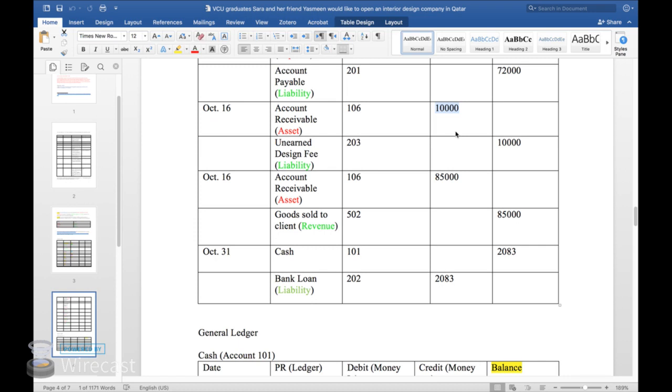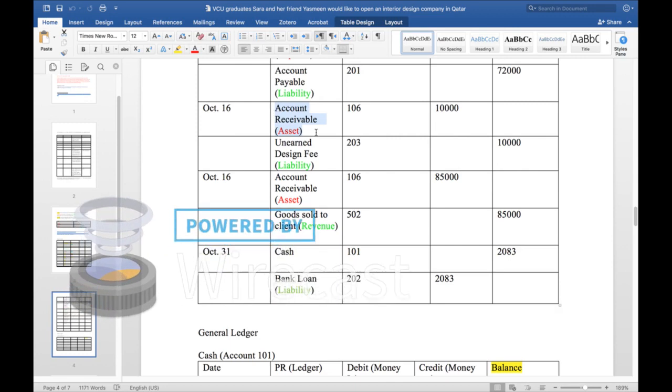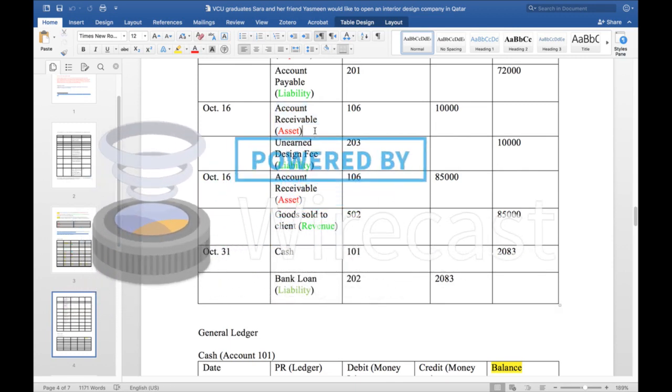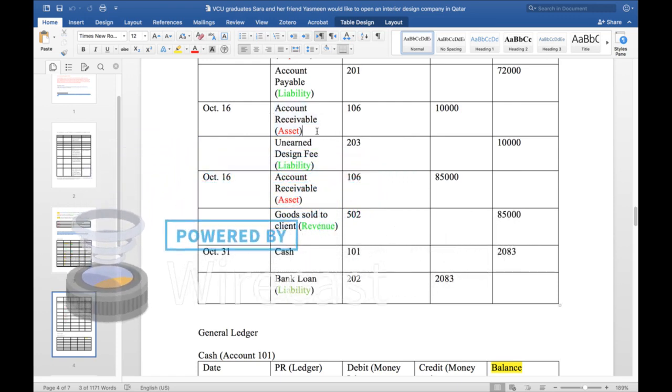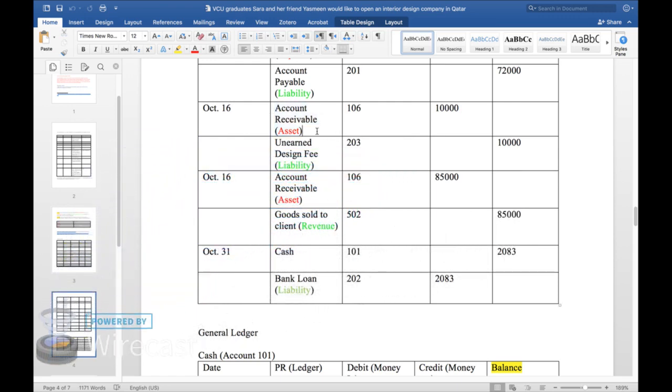It's almost like a client giving us a deposit, but she has not given us a deposit yet. We send out an invoice and ask for money, and that is accounts receivable, which means in the future we will receive the money. At the same time, we created a liability for ourselves because we promised the client that we would deliver the design, which is also 10,000.